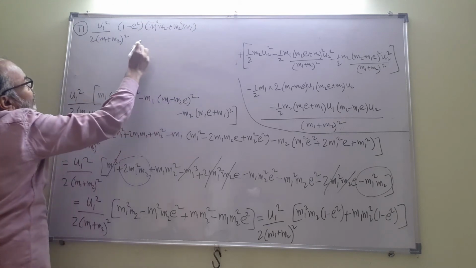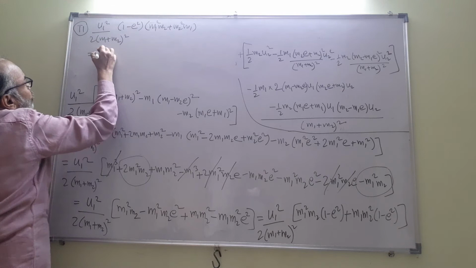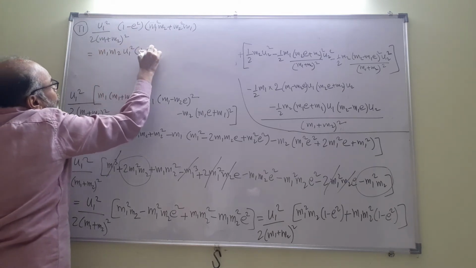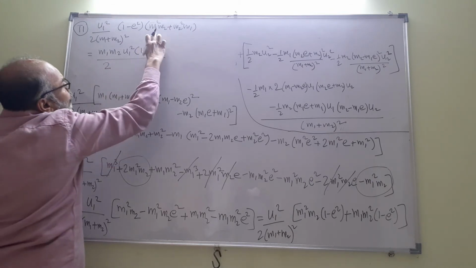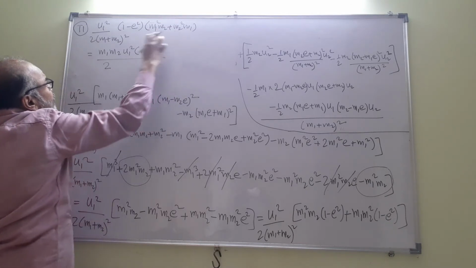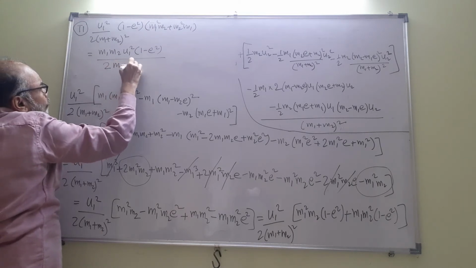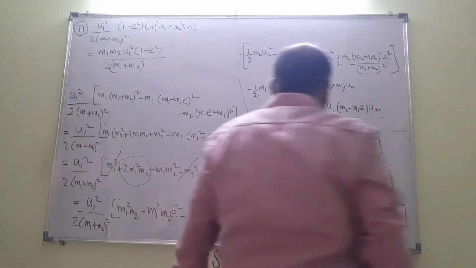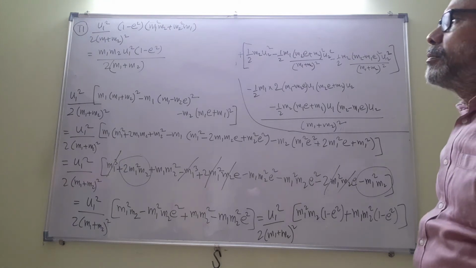Now here m1 m2 is common, so if you take m1 m2 common, you will have u1 squared into (1 minus e squared) by 2 into, m1 plus m2 in the numerator. That will cancel with one of these. You will get 2 (m1 plus m2). That is the first term.